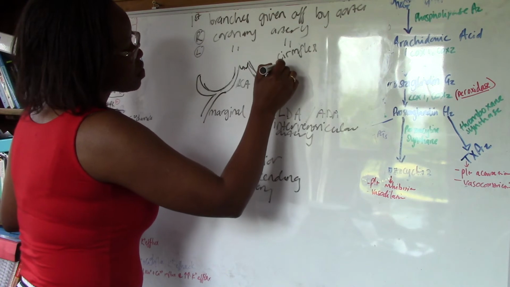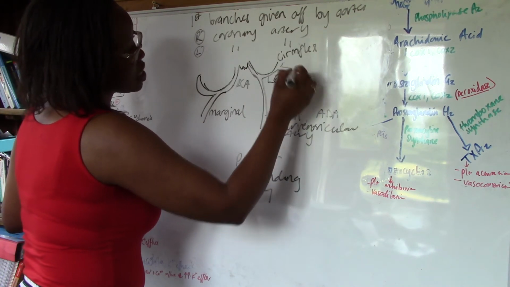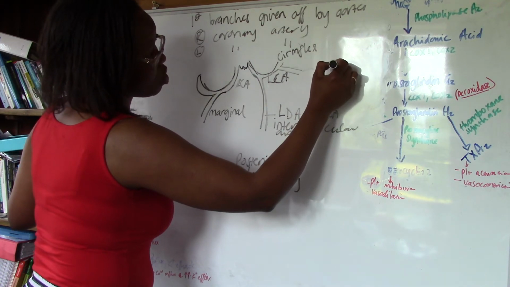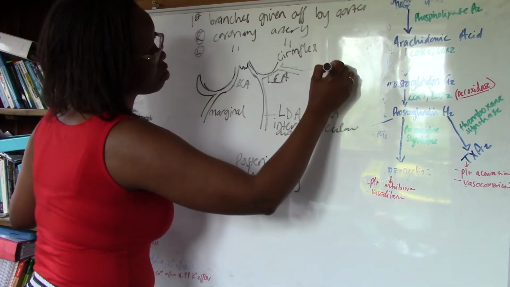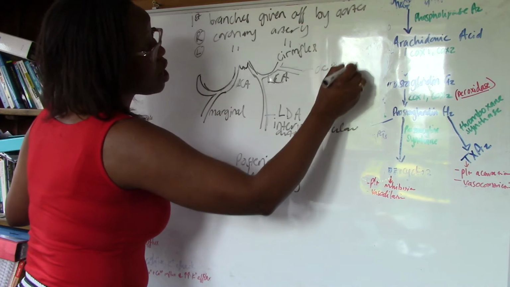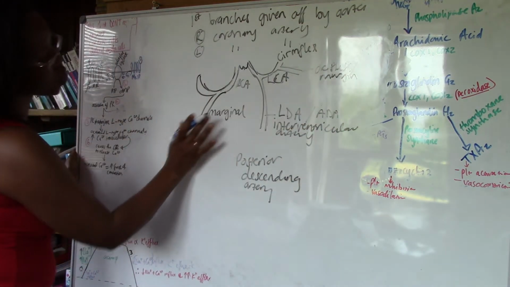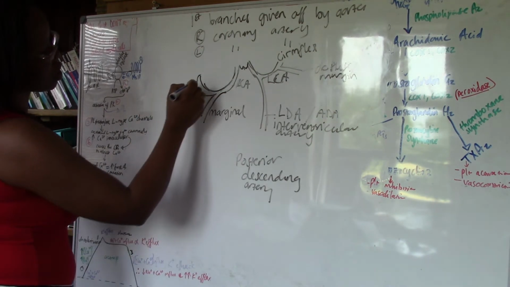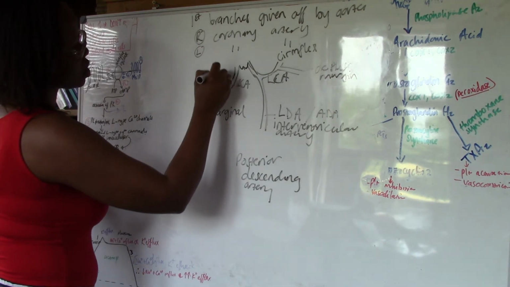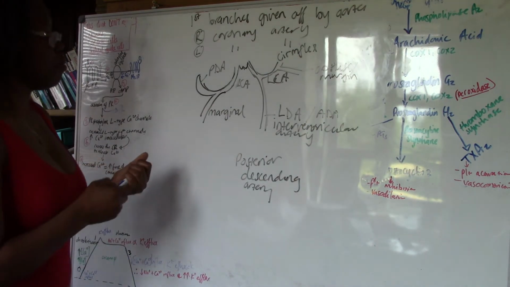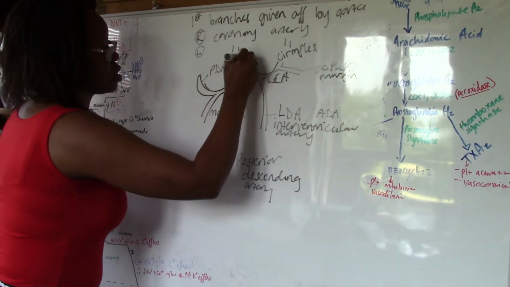Normally, it also gives off other branches such as the obtuse, or marginal, but as well not to be confused with the right marginal. So this is our posterior descending, which is at the posterior. But the important, this is the aorta.